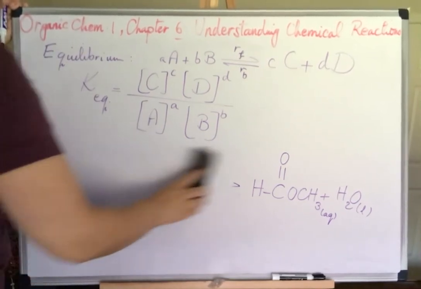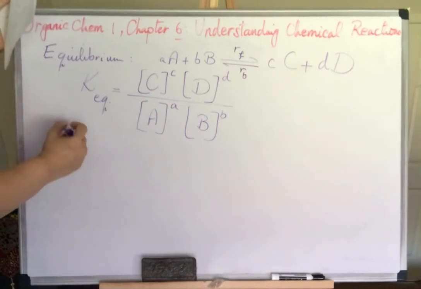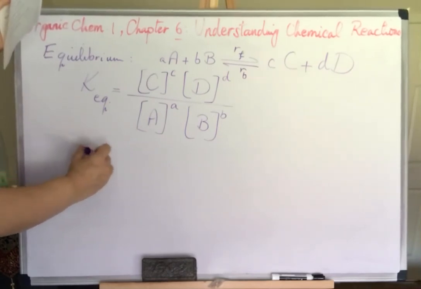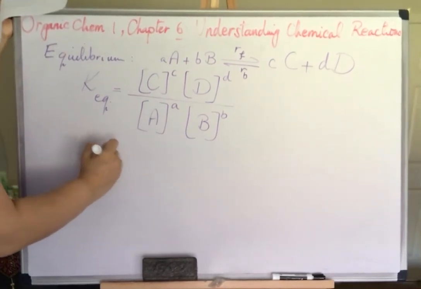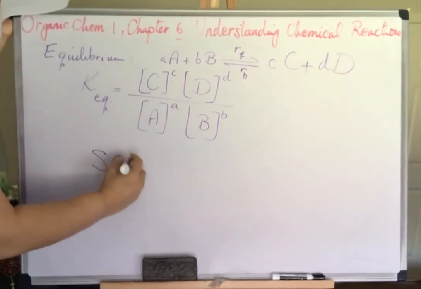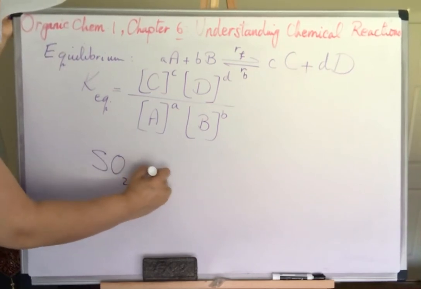And if you want to work one more on these examples, you can work on SO2. This is a gas. It should have been mentioned this is a gas, which is not.